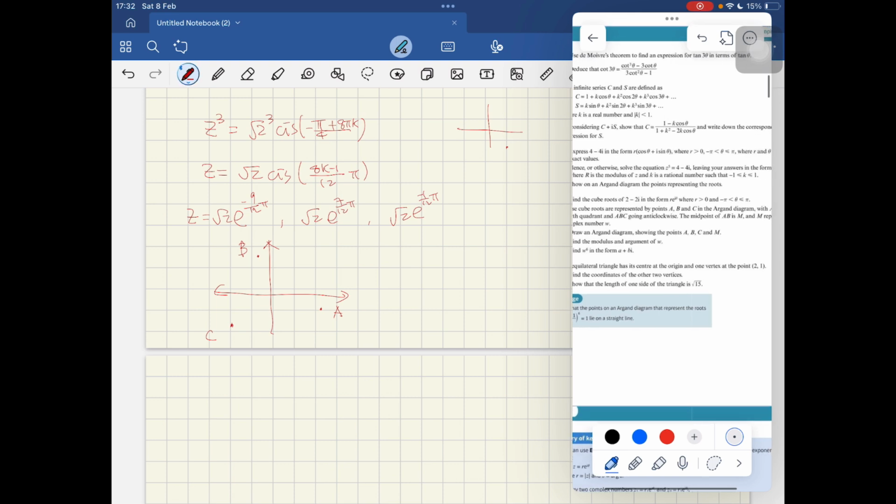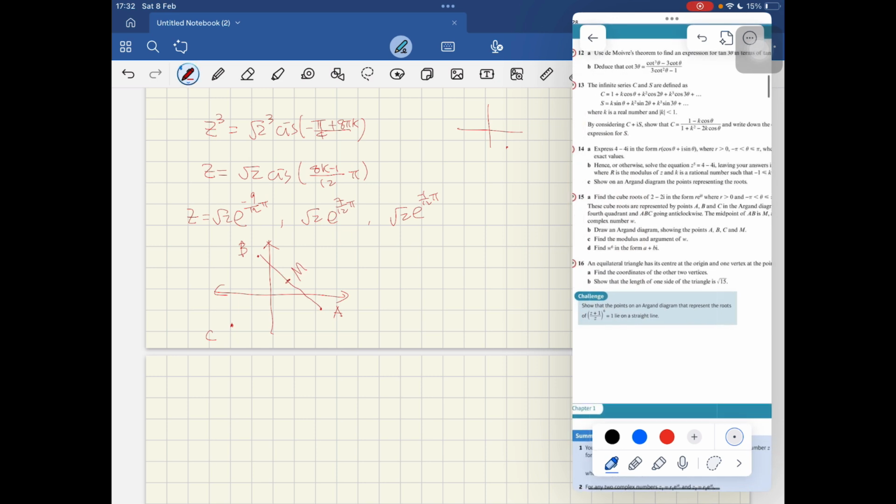So the midpoint of AB is M. M represents the complex number W. So, modulus and argument of W. From here to here is 2 pi over 3, so now we have pi over 3. Argument of A was negative pi over 12, and we go anticlockwise by pi over 3.